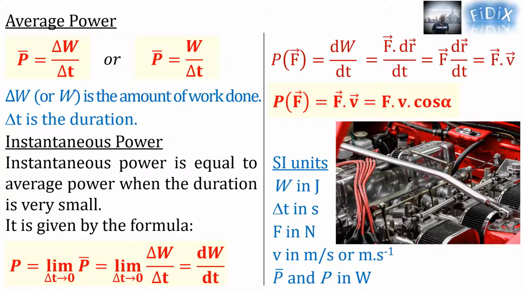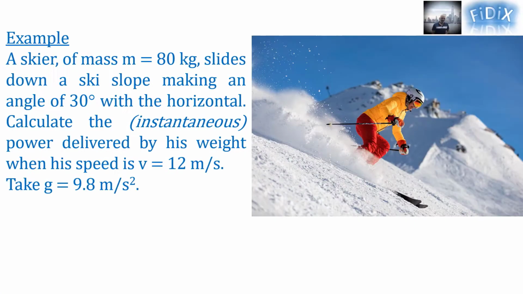In the International System of Units, W is expressed in joules, delta T in seconds, F in newtons, v in meters per second, and P bar and P in watts. Example: a skier of mass m equals 80 kilograms slides down a ski slope making an angle of 30 degrees with the horizontal.